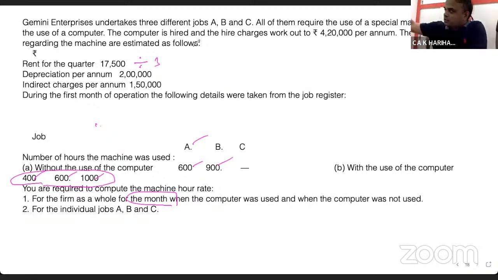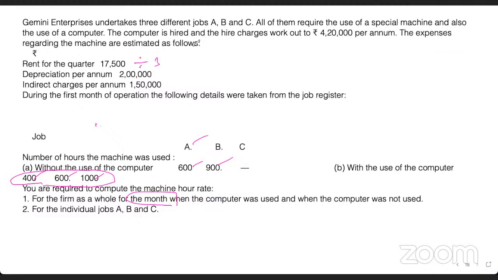Total overhead: 5,833 plus 16,667 plus 12,500 is equal to 35,000. Overhead per month, total overhead 35,000.